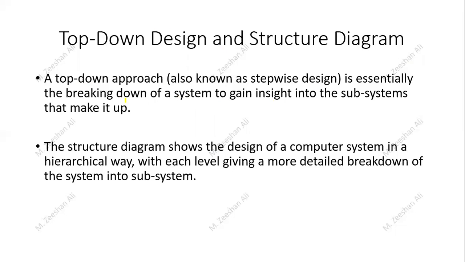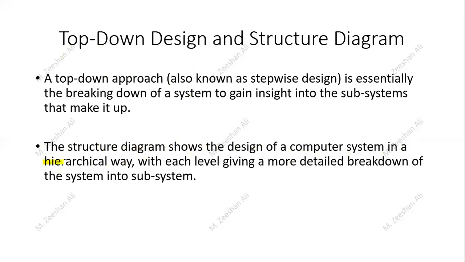Okay, so the second thing is a structure diagram. It is interconnected with the top-down design. If you have understood the top-down design, it is very easy for you to understand the structure diagram. A structure diagram is a pictorial representation of top-down design. The structure diagram shows the design of a computer system in a hierarchical way.